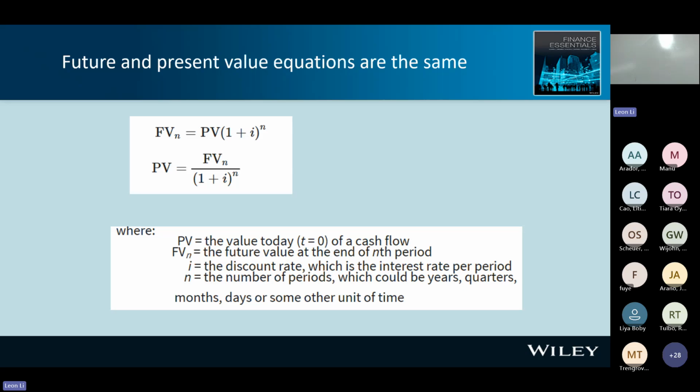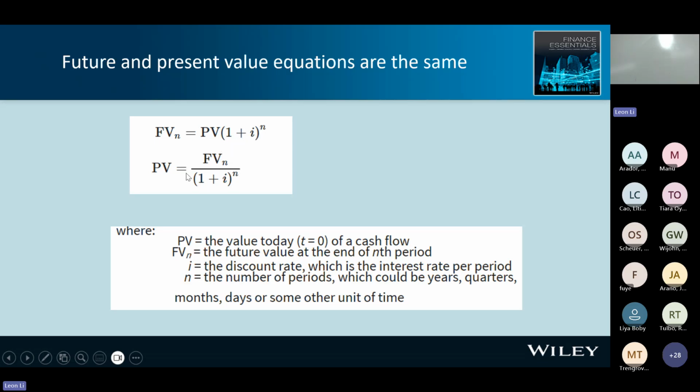On this slide, we show you the equation, the future and present value equations. Here, the conclusion is they are the same. The first equation is our future value equation: FV is equal to PV times (1 plus i) to the power of n.